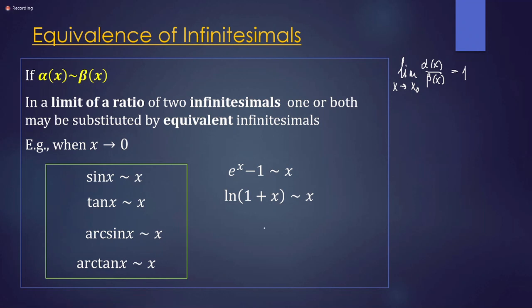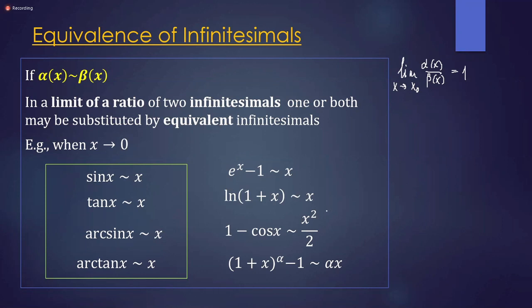In the same way, the trigonometric difference 1 minus cosine x, and remember we used this in many limits, is equivalent to x squared divided by 2. And finally, 1 plus x to any power alpha minus 1 is equivalent to alpha times x.